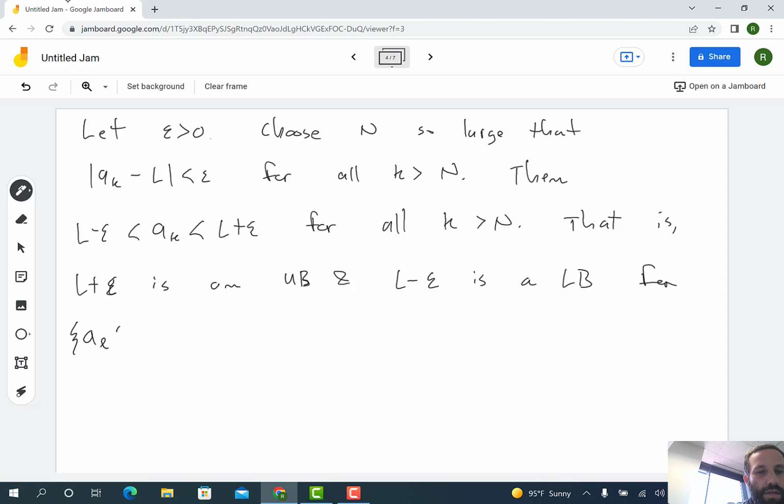Okay, so L minus epsilon is a lower bound, L plus epsilon is an upper bound for this set.